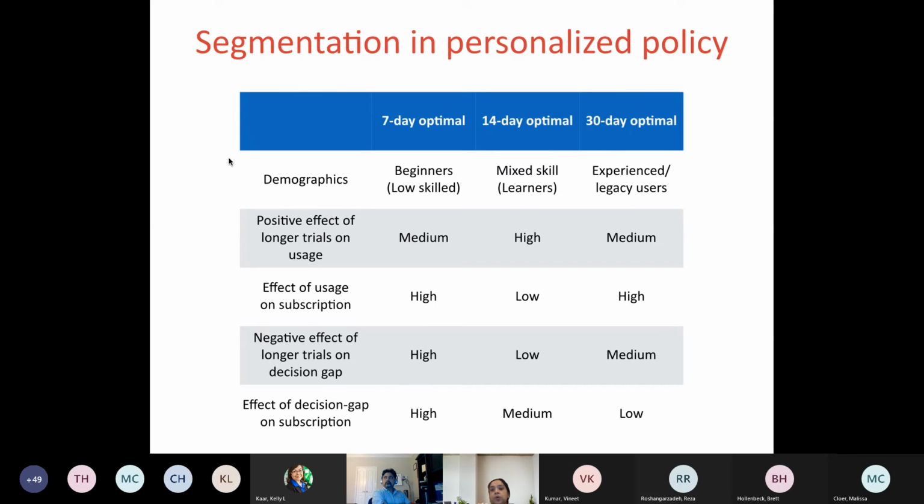These are people who are more likely to be experienced, or what we call legacy users, who probably had the perpetual license version of the product. And it's understandable that they are less likely to make a negative inference about the product even if they haven't used it, because if they're already experienced with the product and have used it in other settings, even if they didn't use the software version for, let's say, 2-3 weeks, they're less likely to infer that it's useless.